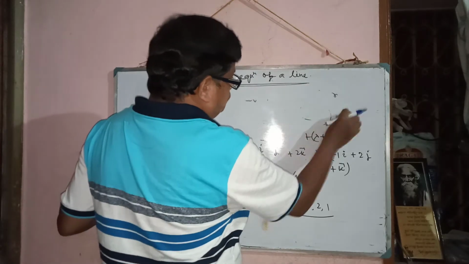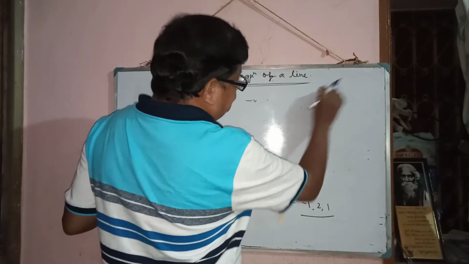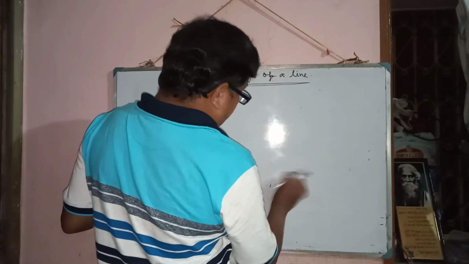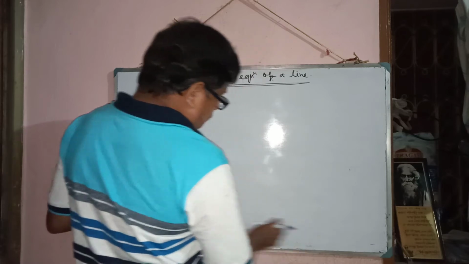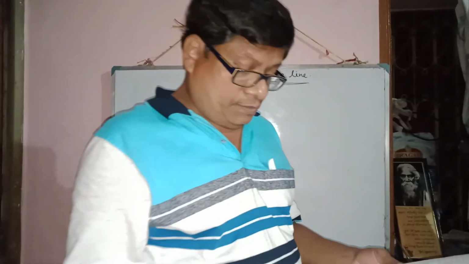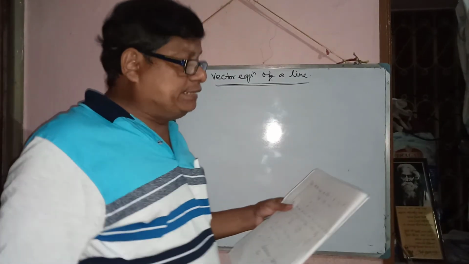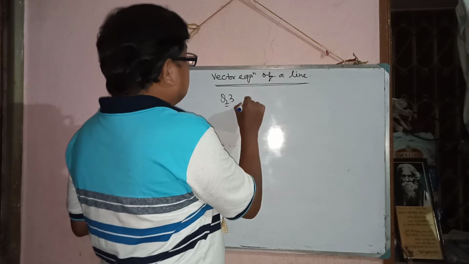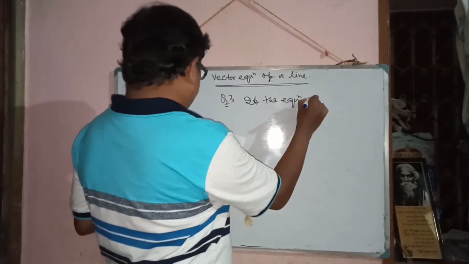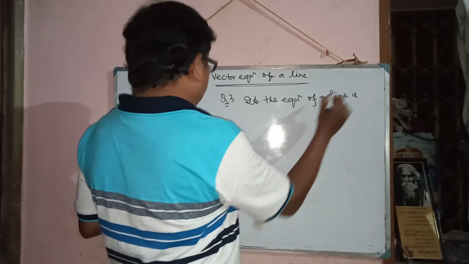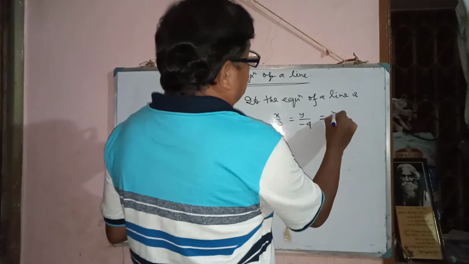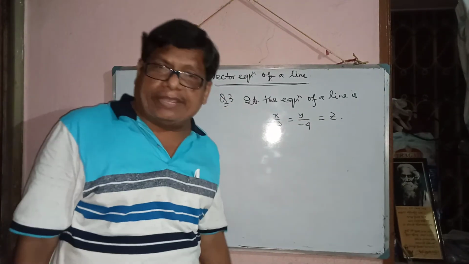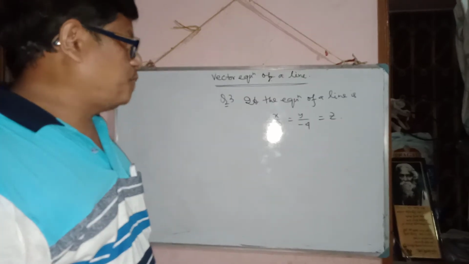Question number 3. If the equation of a line is x by 3, y by minus 4, equal to z, find the point and direction ratio.